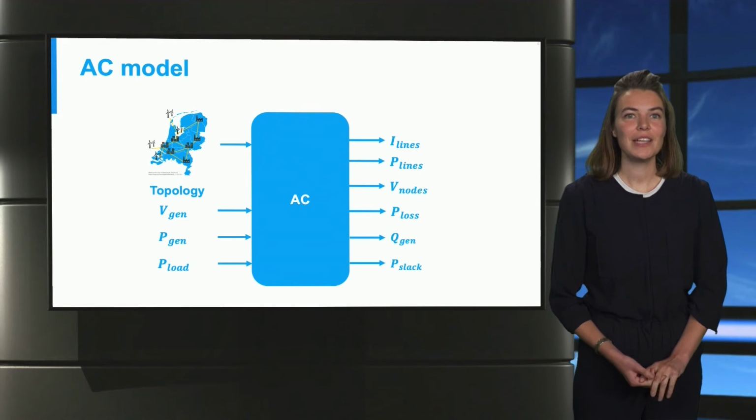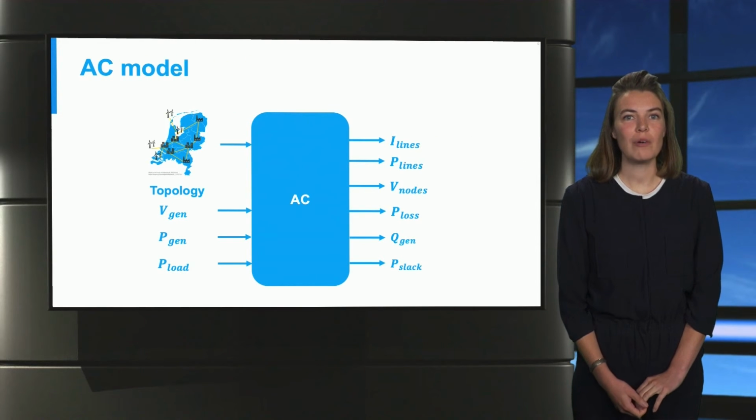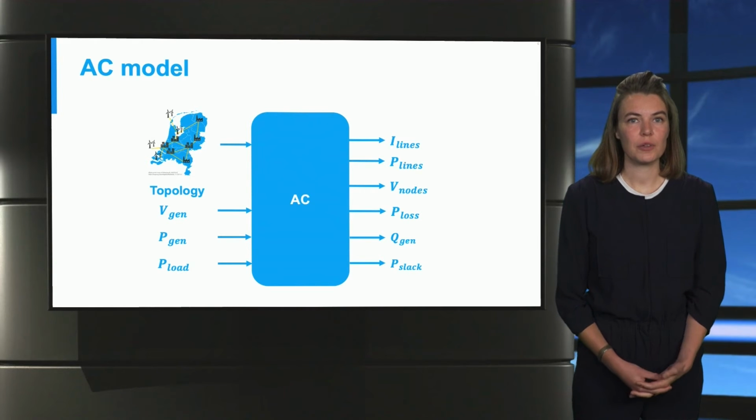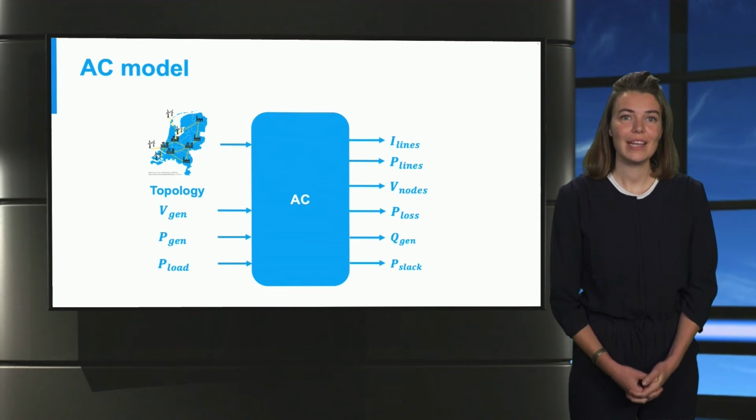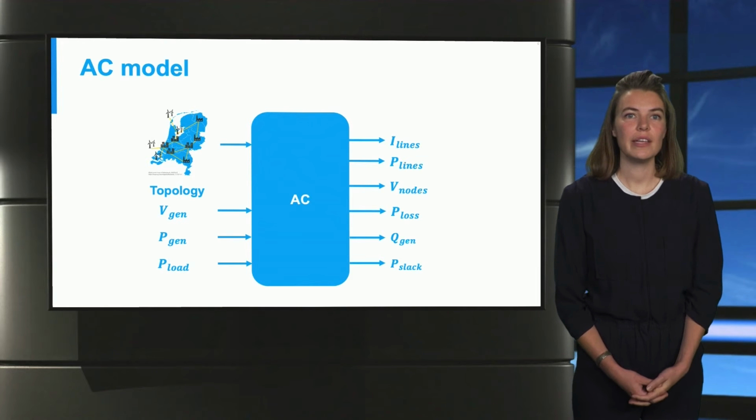Now let's take a look at two different models for computing the power flow in the electricity network. We have the alternating current model, or AC for short, and the direct current, or DC model. We start with the alternating current model. It leads to a non-linear system, which means that it's also more difficult to solve.